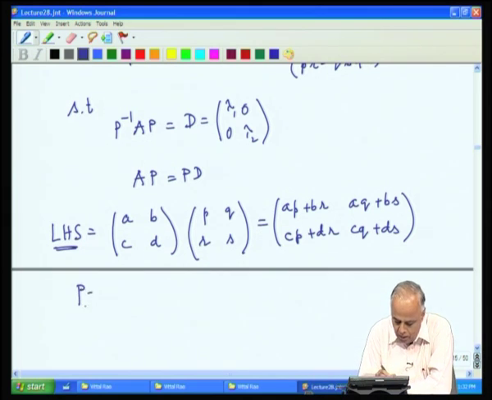We have P 1, the first column of P, is P R, P 2 is Q S.